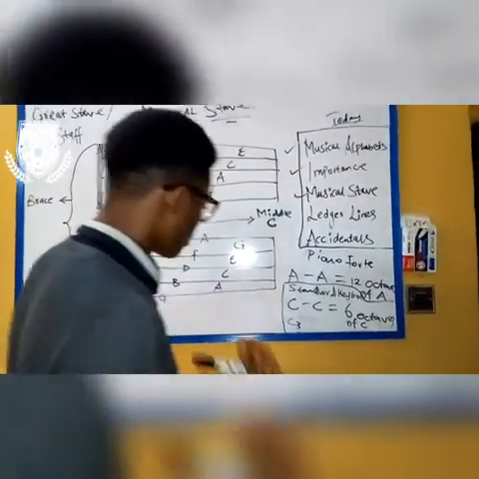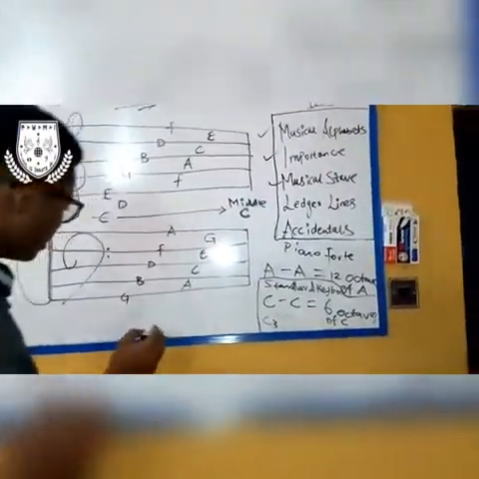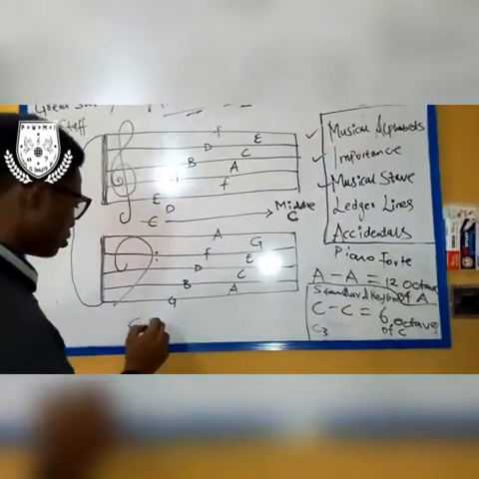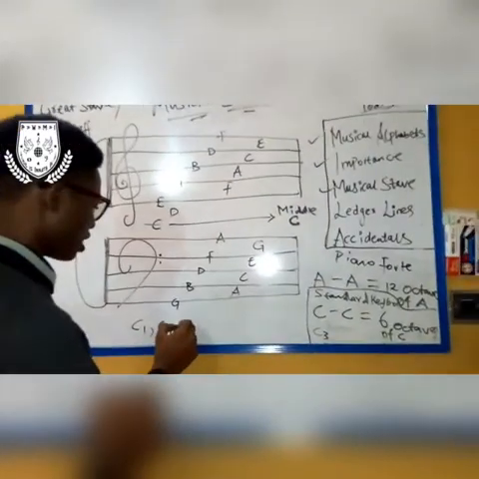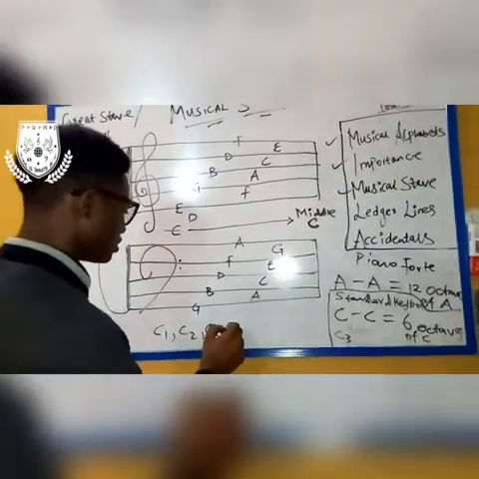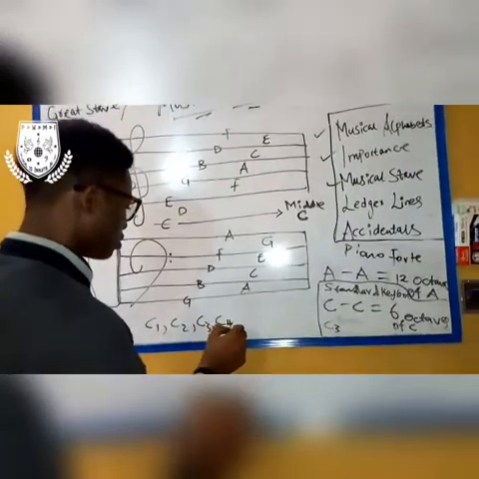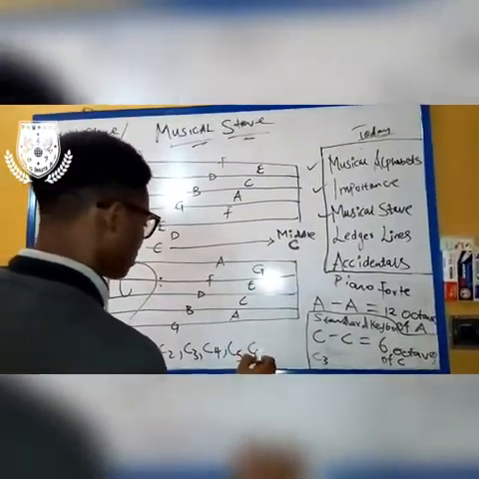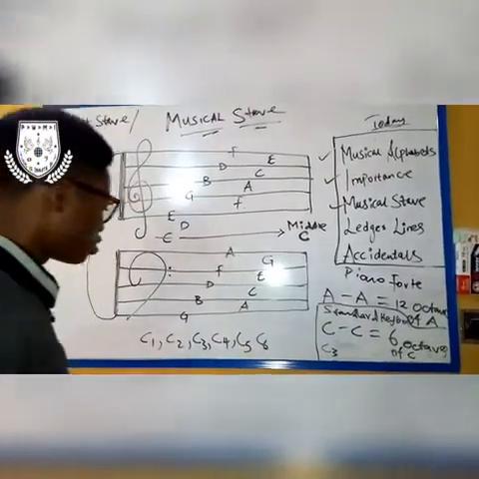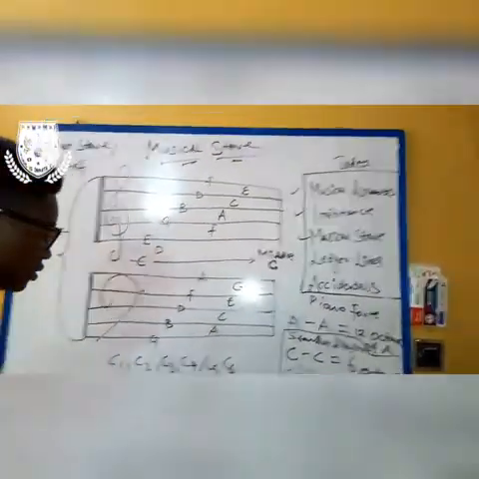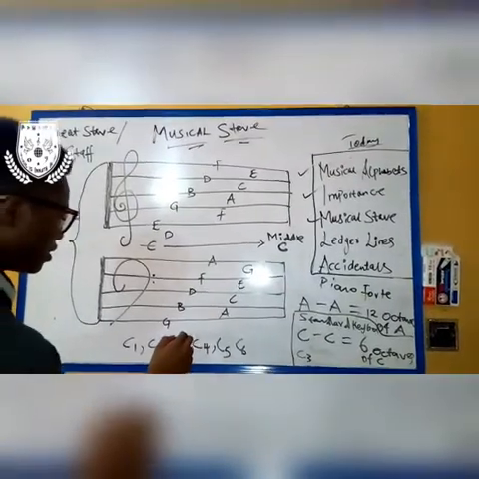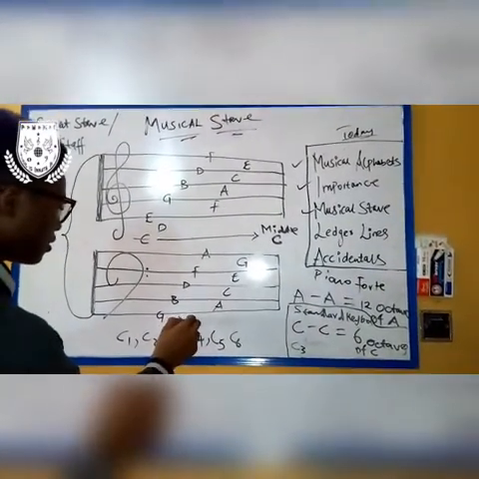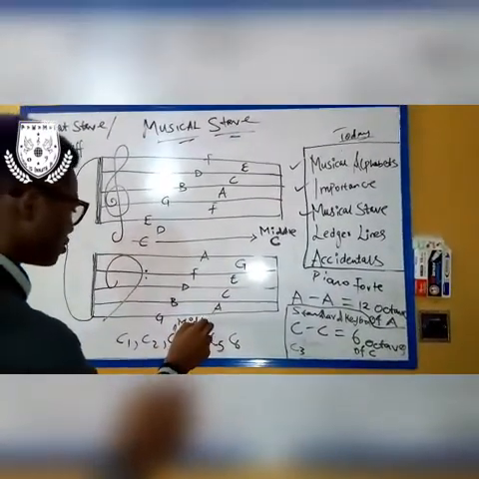When you calculate the C, you have C1, C2, C3, C4, C5, and C6. For instance, when we are playing on C on the keyboard, here it's called the middle C.